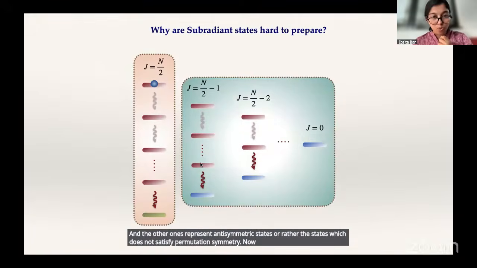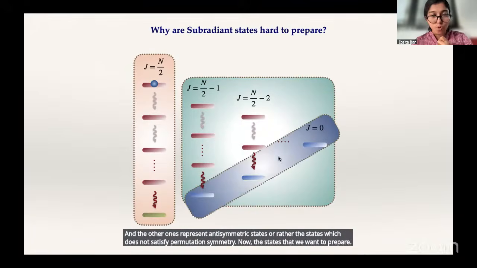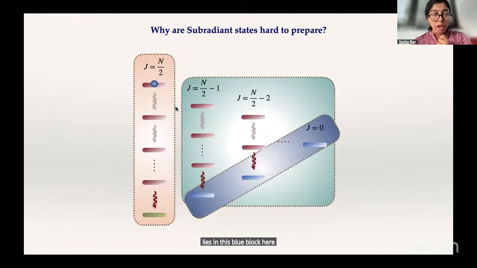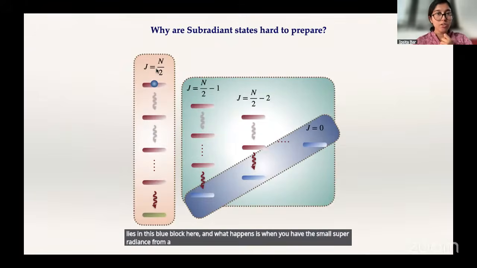Now the states that we want to prepare lie in this blue block here, and what happens is, when you have small superradiance or natural collective spontaneous emission, the excitation decays through this orange ladder here and does not go to this ladder at all.